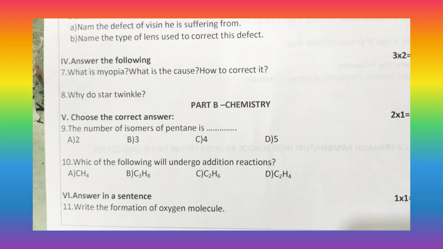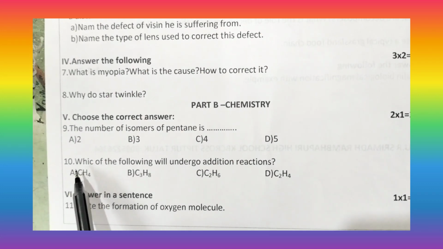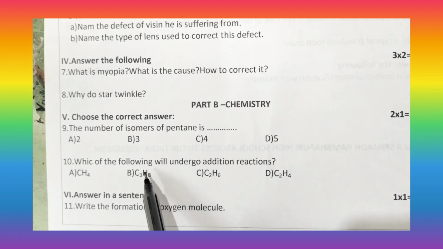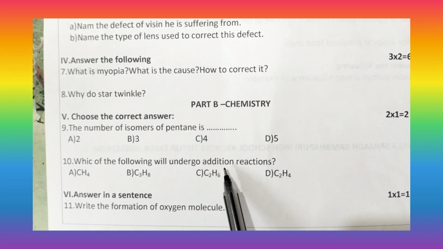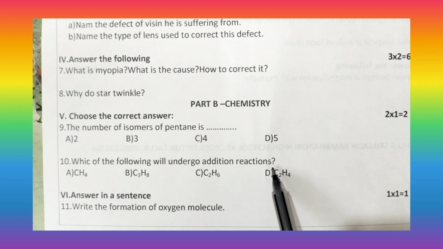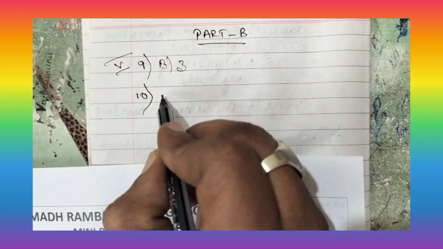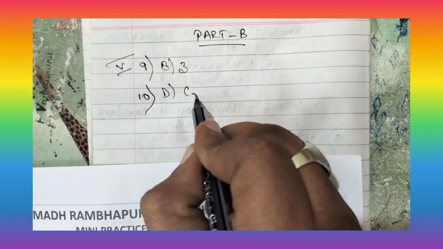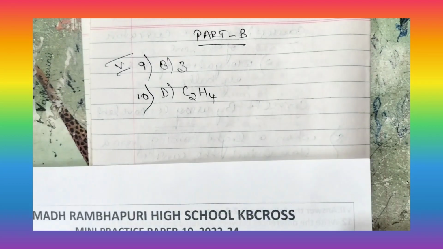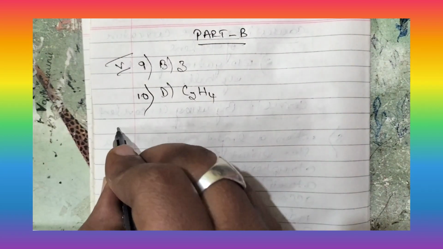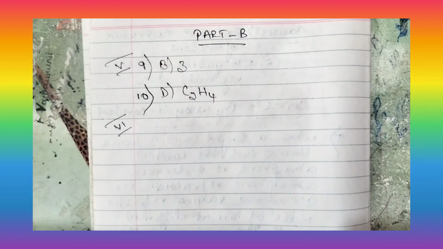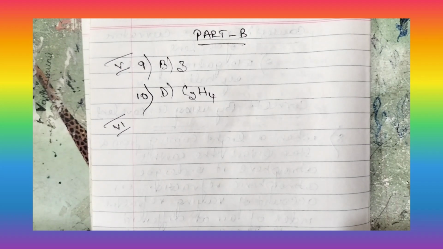Always unsaturated hydrocarbon undergoes addition reaction. CH4 is saturated, C3H8 saturated, C2H6 also saturated, and C2H4 is unsaturated. Therefore, for the 10th question, the right option is option D, C2H4, that is called ethene. Ethene undergoes addition reaction because it is an unsaturated hydrocarbon.